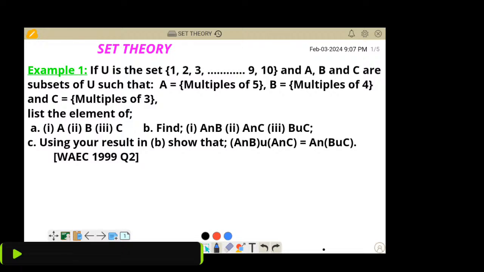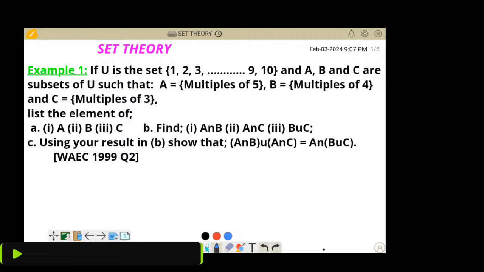U is a set of numbers from 1 to 10, and A is a subset of U, but A is a multiple of 5. What this is telling us is that A is multiples of 5 between 1 and 10, multiples of 5 that fall within the range of numbers 1 to 10.